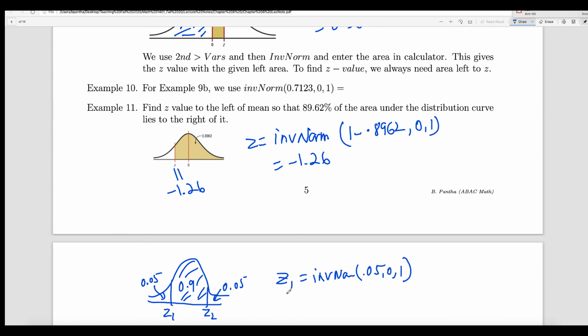And if you want to find G2, we need to do inverse norm, because to find G1 or G2, we always use inverse norm. What is the area left of that? You can do 1 minus 0.05, or 0.9 plus 0.05 will be 0.95, right? It's the same thing, 0.95 and then 0, 1. Okay, so let us do that.